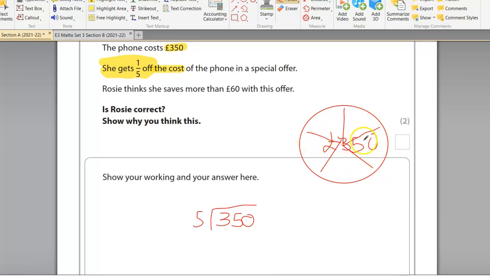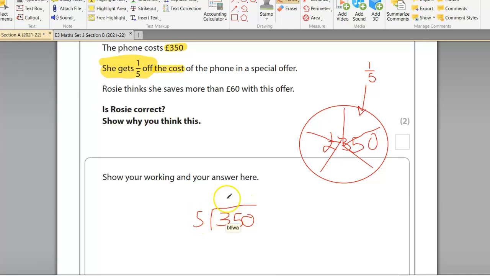And each one of those 5 parts of the cost is 1/5 because it's one out of the total of 5 parts of the cost, you see. So 1/5 just means 1 out of 5 parts. So if we divide 350 by 5, we will find 1/5 of the cost because we'll find what 1 of those 5 parts is.